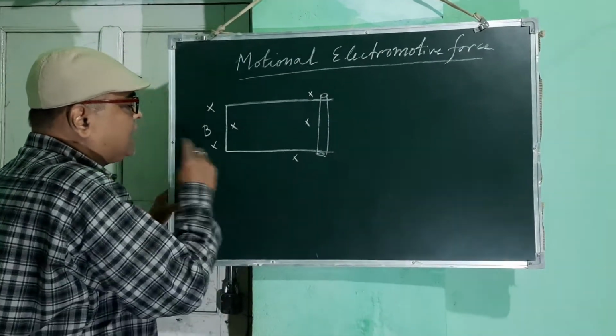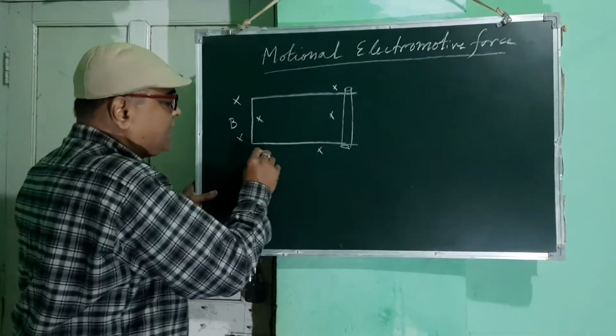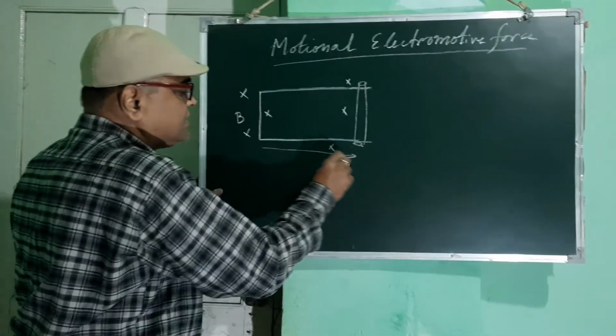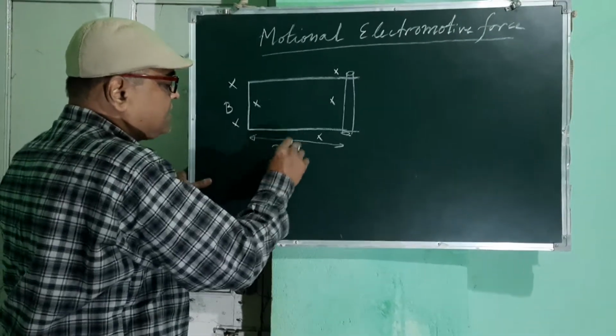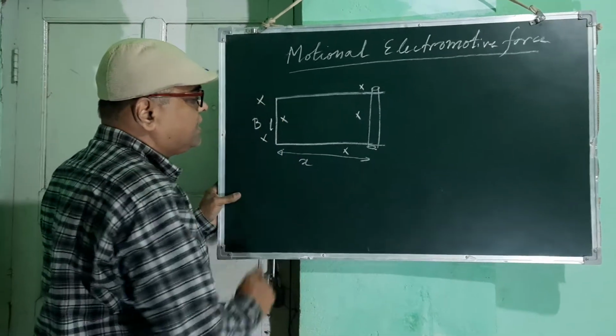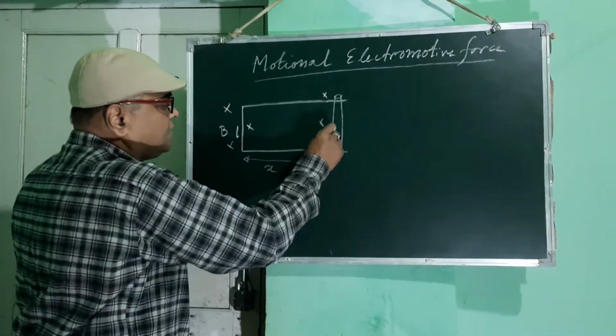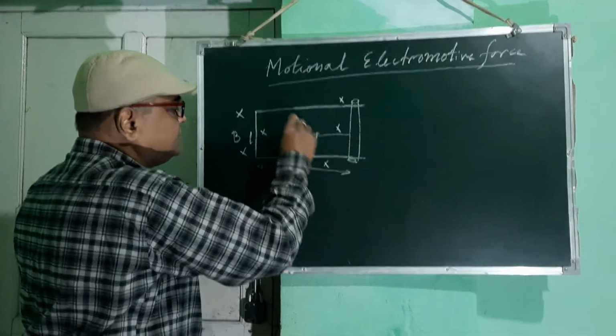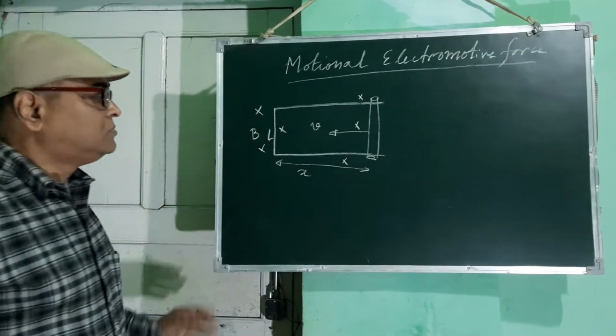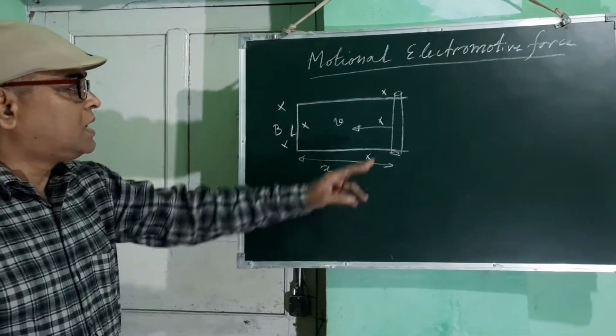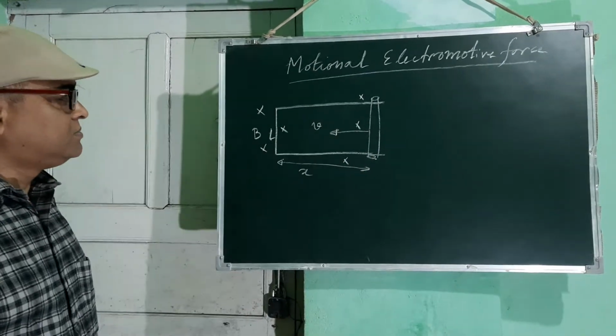At any instant the distance is x and the length is L, and the velocity of the conductor is V. The conductor is moving in that direction.